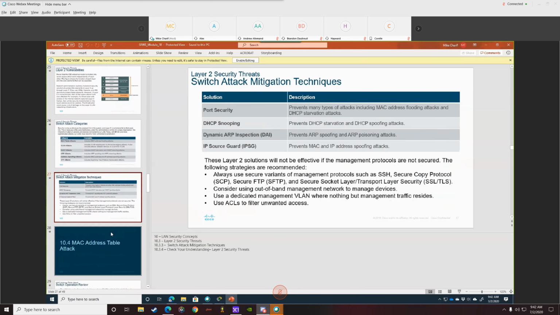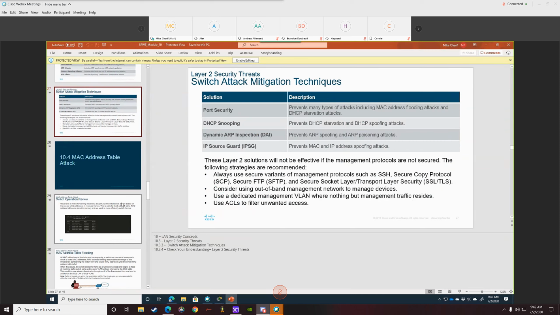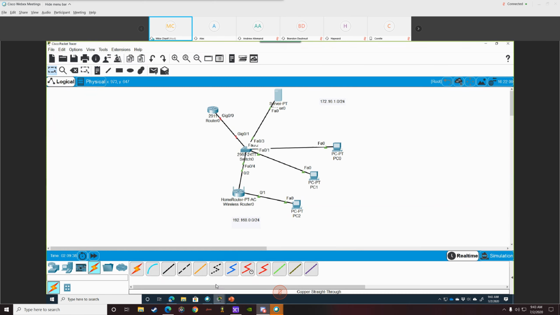Yep, port security. So those are switch attack mitigation techniques. That's what we talked about. You put port security to prevent many types of attacks, including MAC address flooding attacks and DHCP starvation. You're going to trust only one port to forward DHCP traffic. The rest of the ports are automatically untrusted.